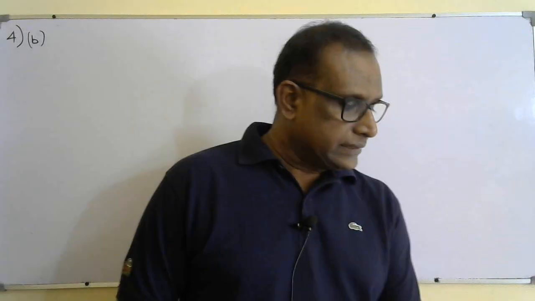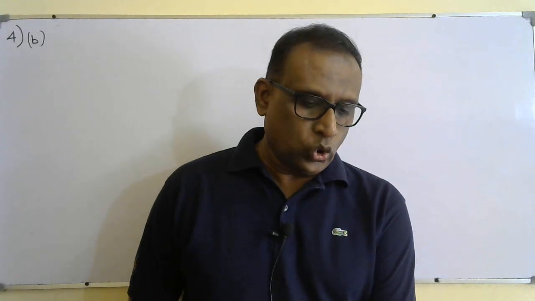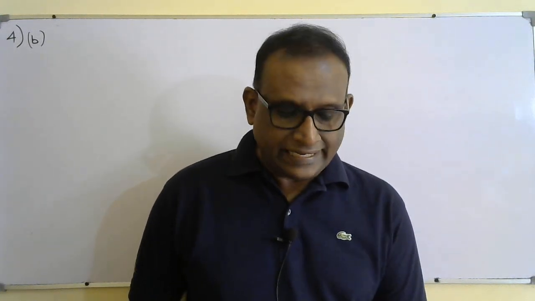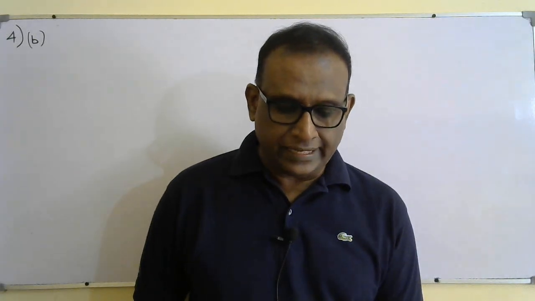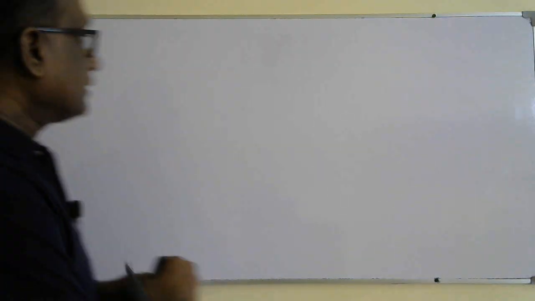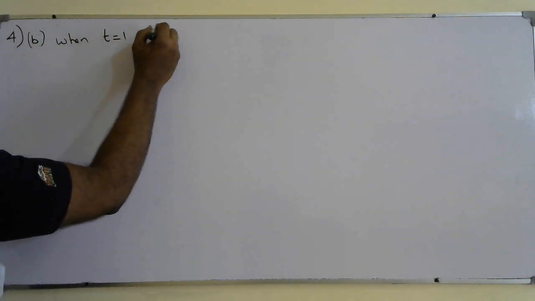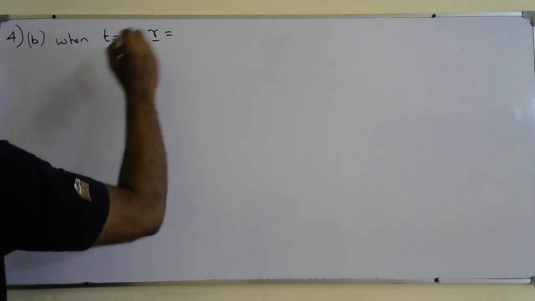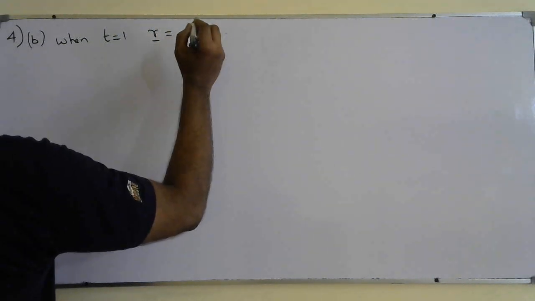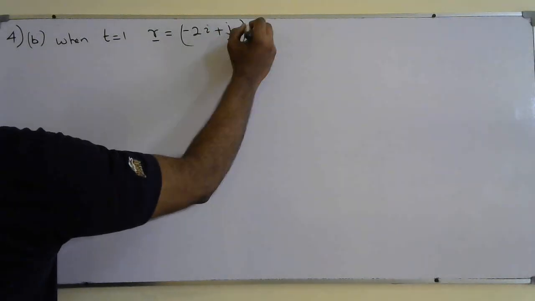Question 4, big part. The position vector of P is measured relative to the fixed point O. When t equals 1, the position vector of P is minus 2i plus j meters.